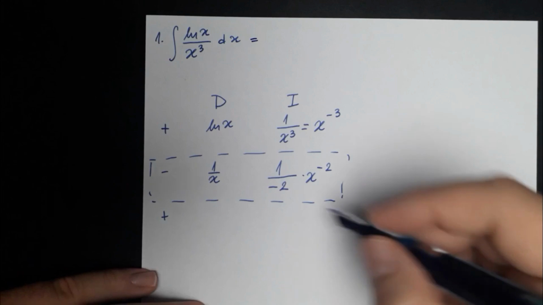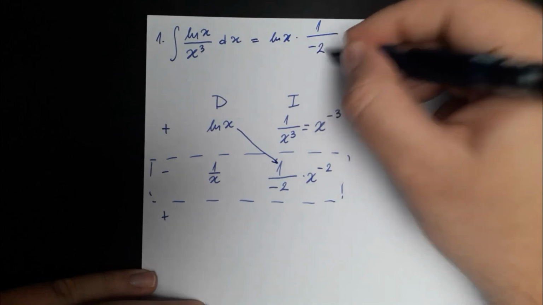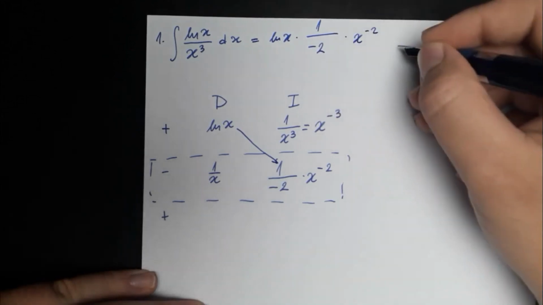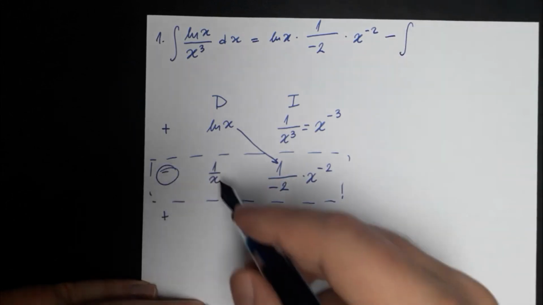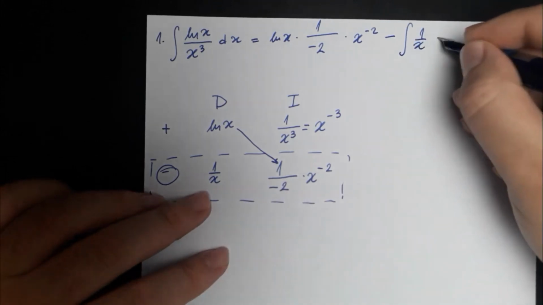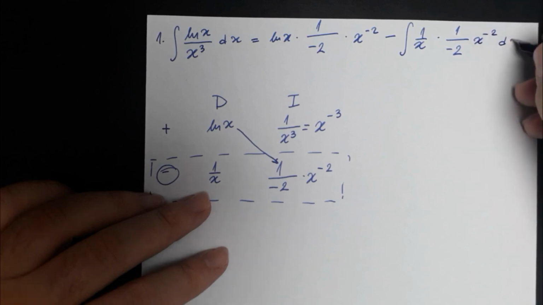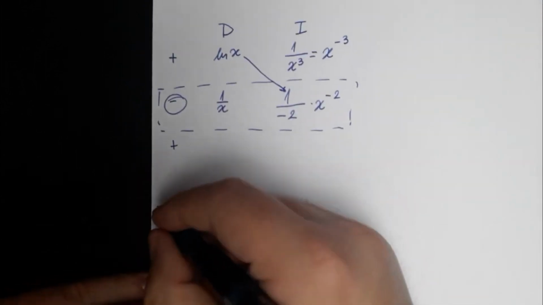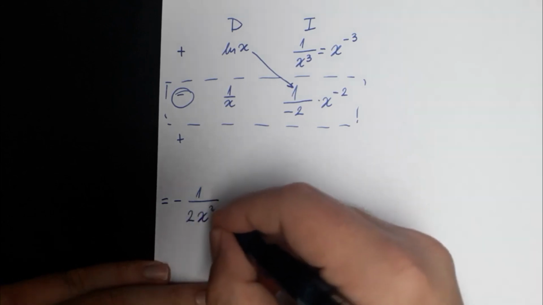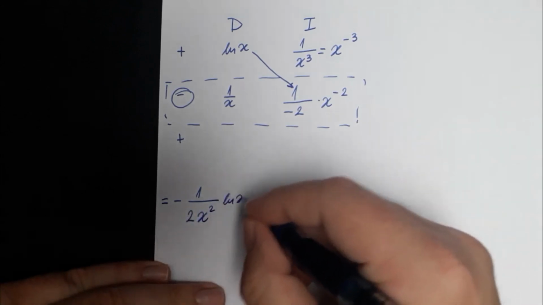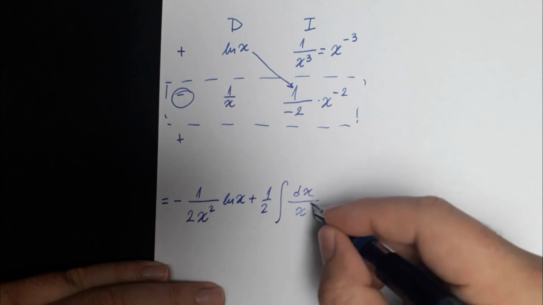Now this integral becomes ln of x times 1 divided by negative 2 times x to the power of negative 2. We have the negative sign here, so this is minus another integral 1 divided by x times 1 divided by negative 2 times x to the power of minus 2 dx. This is then going to be equal to negative 1 divided by 2x squared ln of x plus 1/2 of the integral dx divided by x cubed.